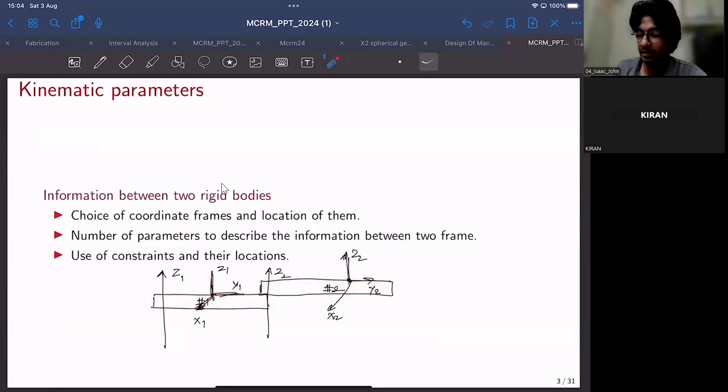For example, if there is a finite distance between these two frames of reference, that could be the distance between the rigid bodies, because the relative position between any two points of a rigid body will never change. Similarly, with orientations, the angle between the corresponding axes of the individual frames of reference can be used to communicate the orientation differences between the two rigid bodies.